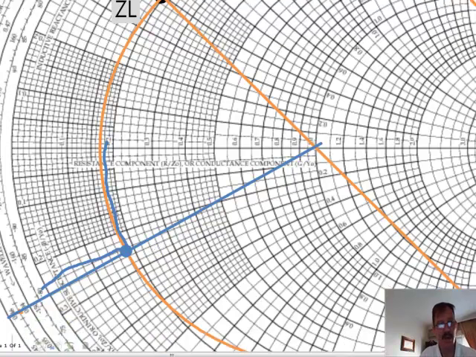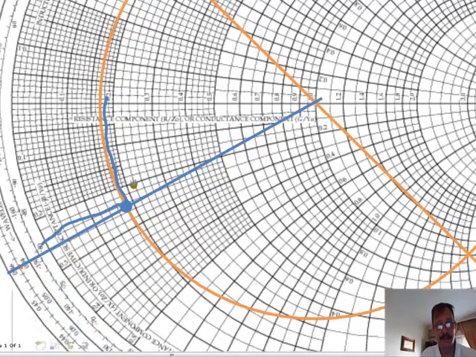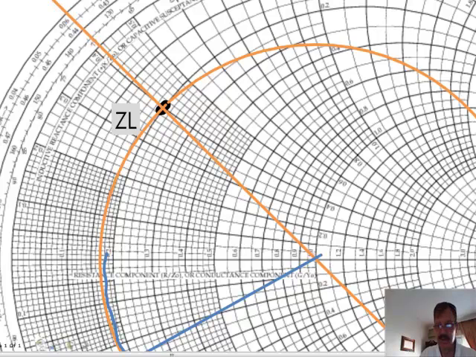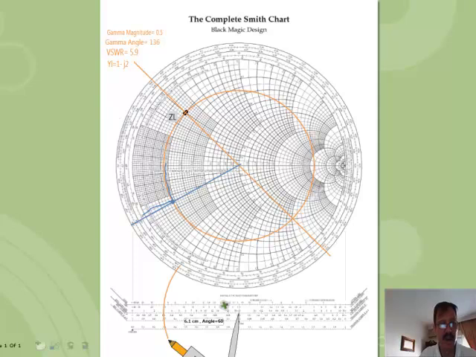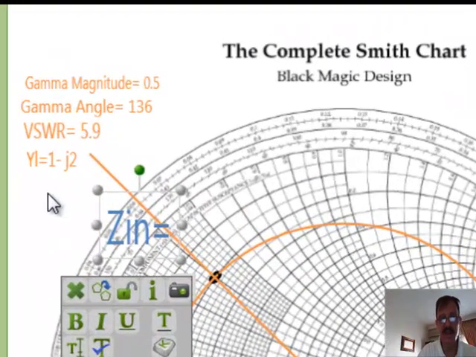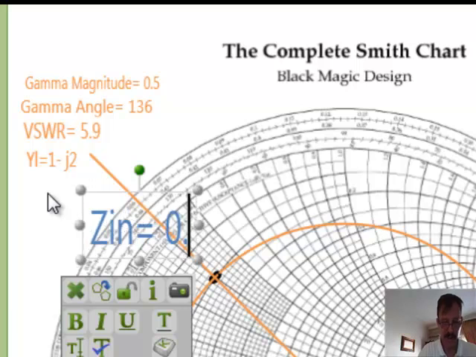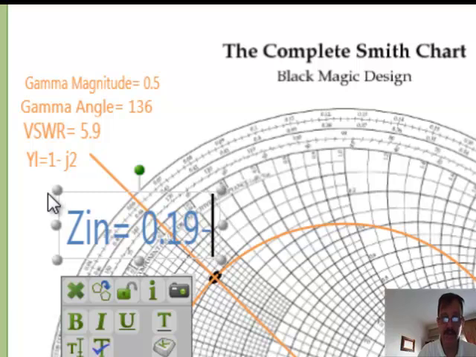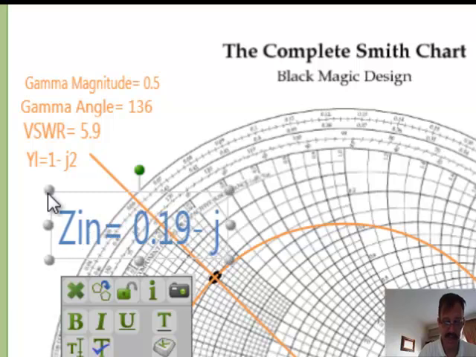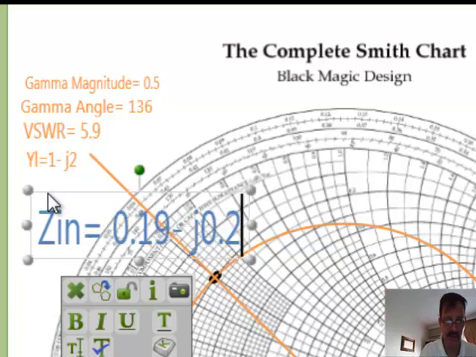So the value of, zoom out, so we can write here the text Zin equals 0.19, it's in the lower part of the Smith chart, plus 0.24.